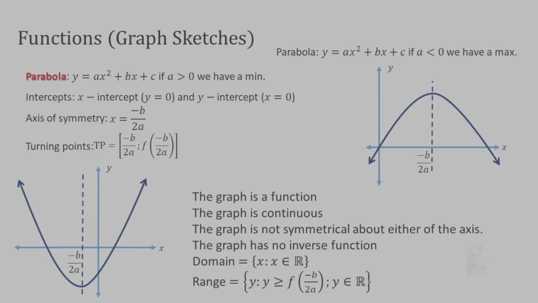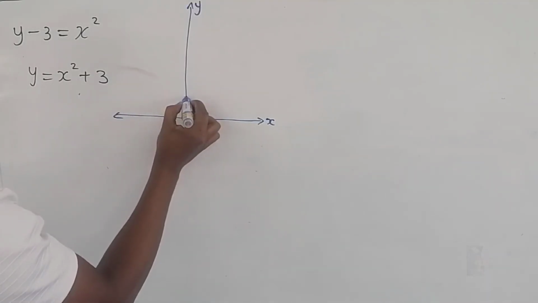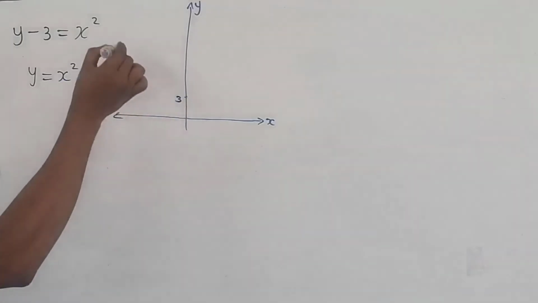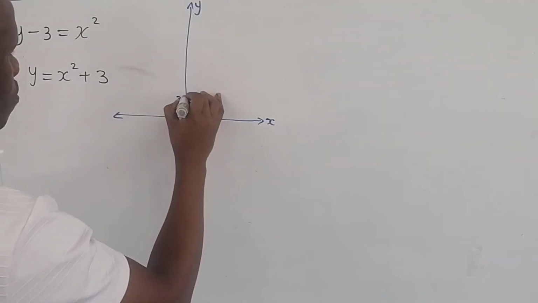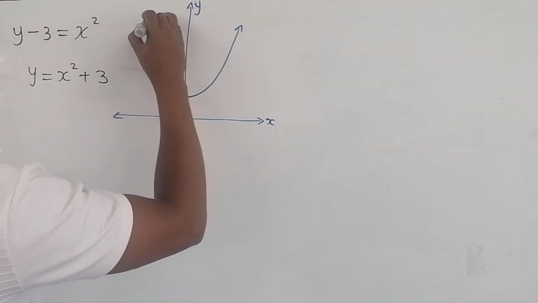You'll notice that I am using 2 colors. I'm using a black color and also a blue color. The black color, just take as if it is your pen, and this blue color will stand for your pencil.